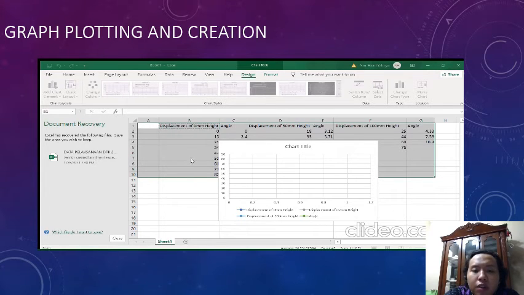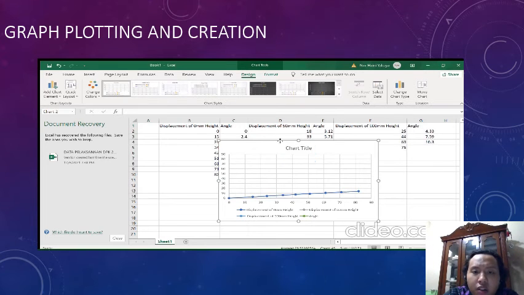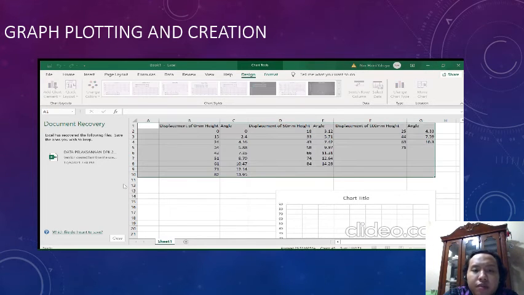In the bottom of the graph, you can see the labels of displacement of 0 millimeter height, 100 millimeter height, and displacement of 500 millimeter height. I already selected the data, and the plotting has already been done. So I select the displacement of 50 millimeter height to plot the graph.